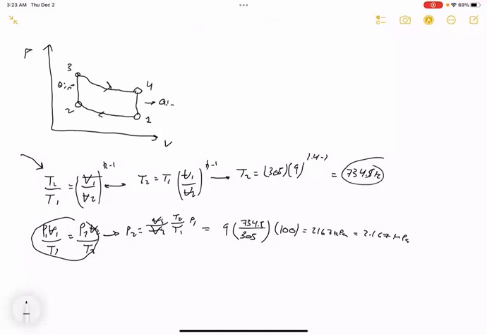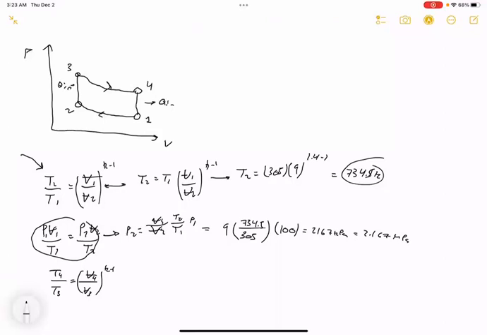So we'll say T4 over T3 equals V3 over V4 to the power of K minus 1. Now, is that going to be 9? Is it going to be 1 over 9? Well, is V3 bigger or smaller than V4?